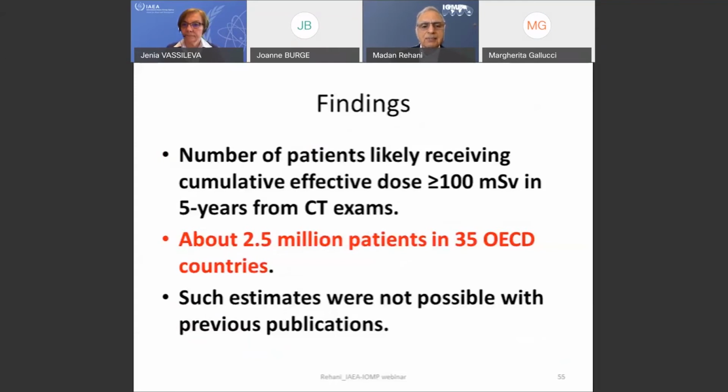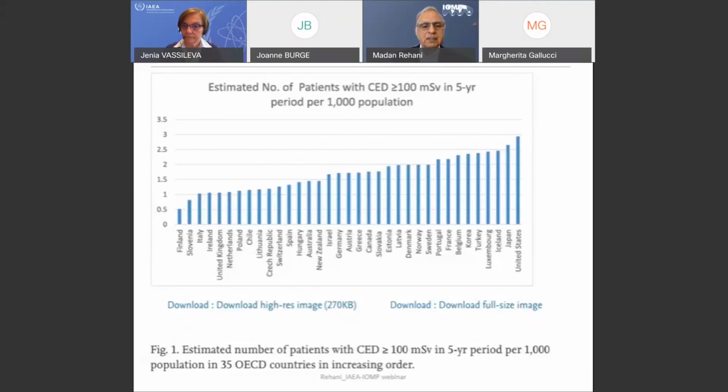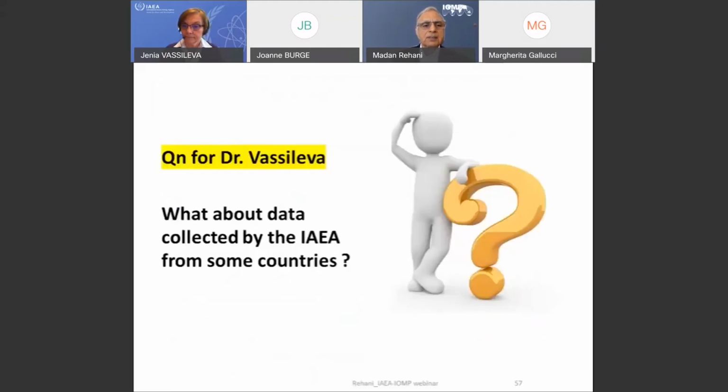Such estimates were not possible with the previous publications because, as I said, they were not population based. They were not based on the fraction of patients undergoing CT exams in a typical hospital setting. So for these 35 countries, further details are available there.